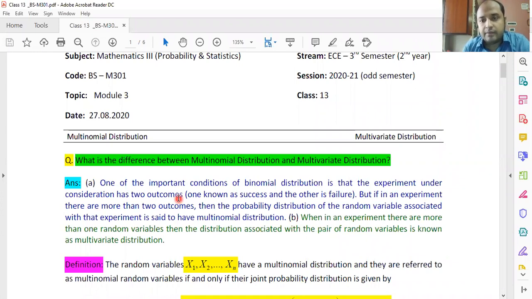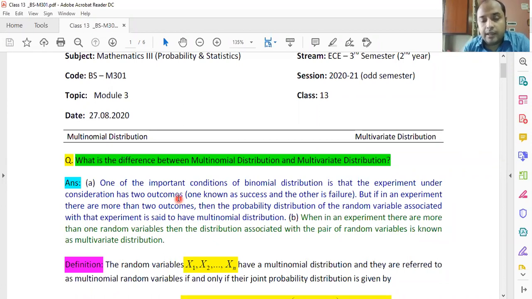So outcomes can be categorized in two different ways, and each outcome has its own probability. Now, what is the formula for binomial distribution? nCx p to the power x q to the power n minus x. If you think carefully, this particular thing can be obtained in some other way.